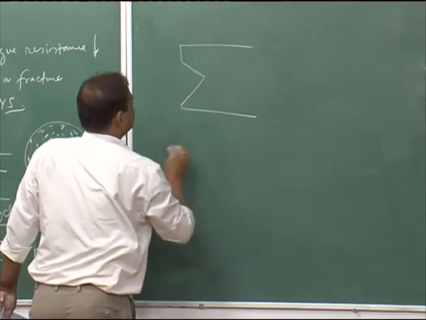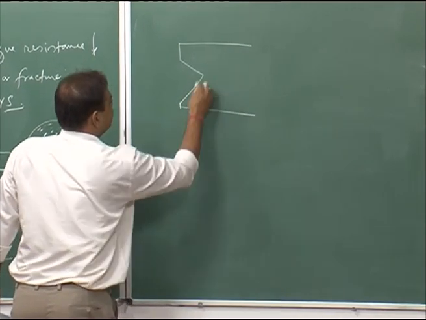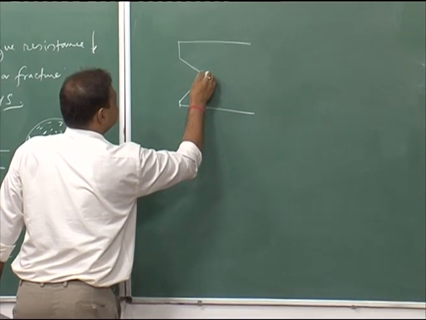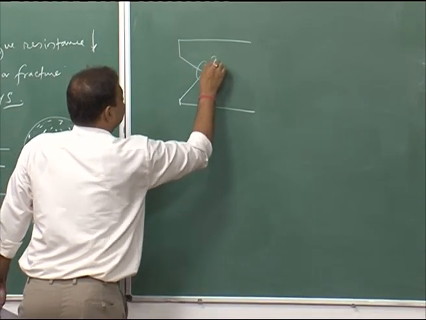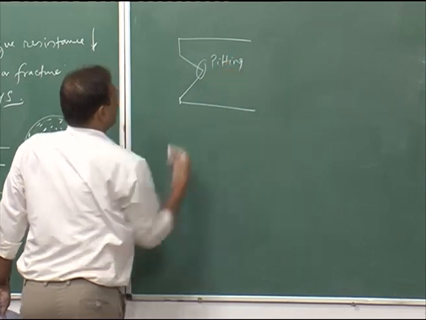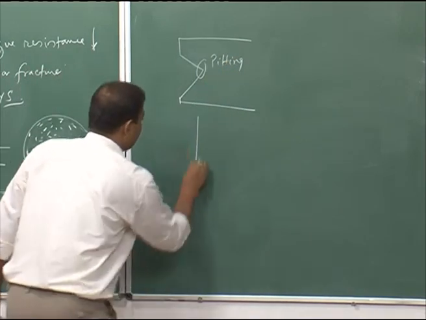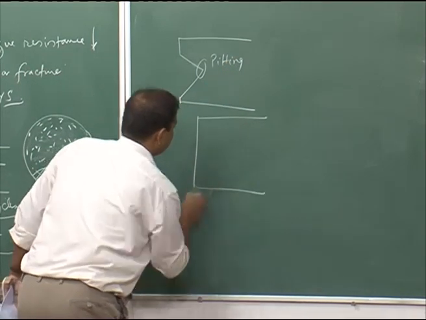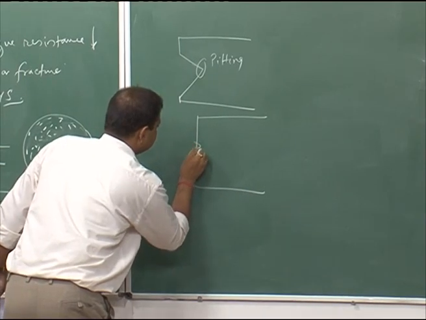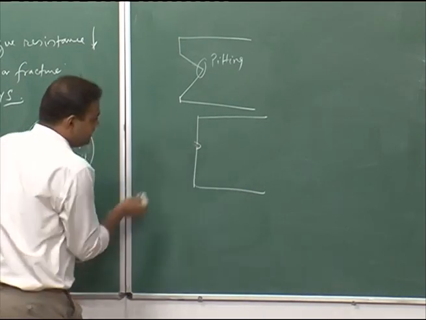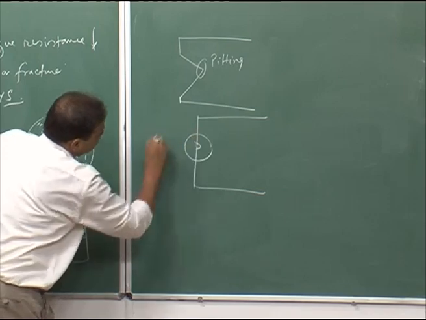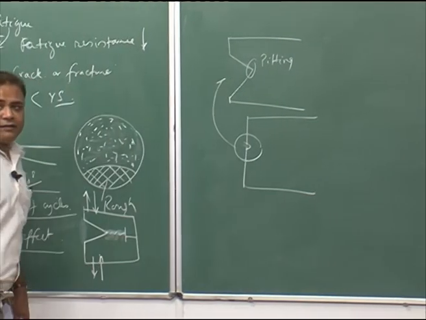zone, this is my crack tip, and if you have a pit here, or even if you do not have a crack, let us say this is my surface, and we have a small pit, if you zoom in, it would look like a crack.